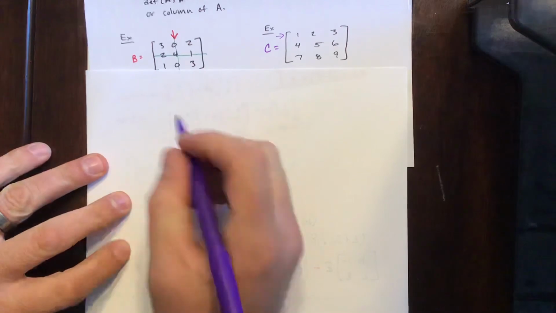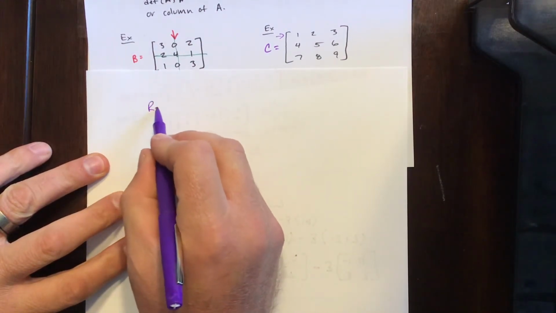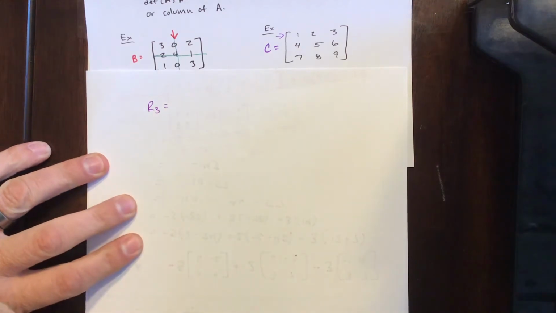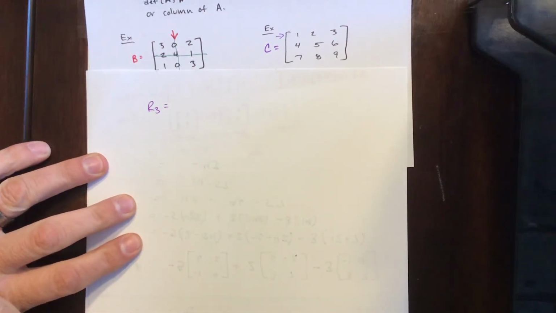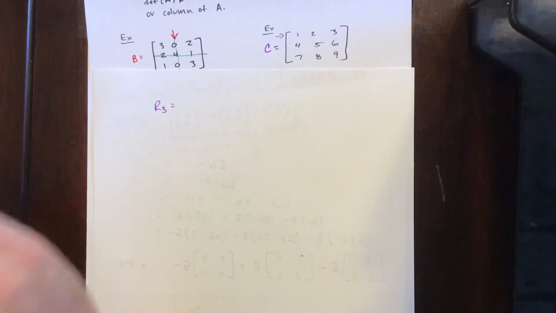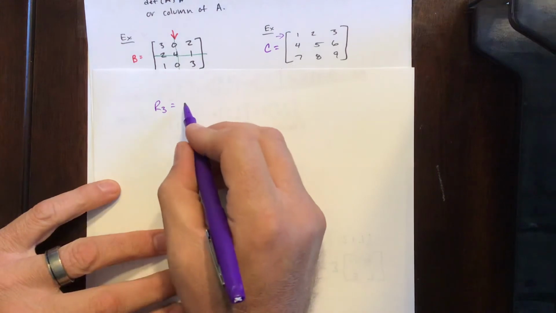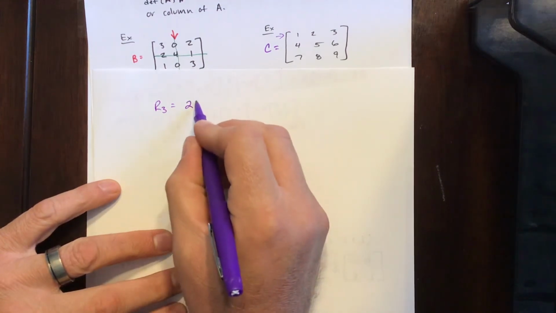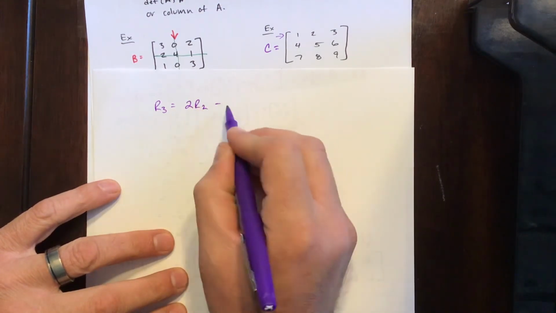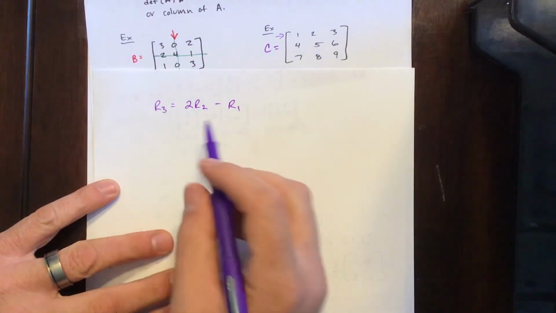Let's see. Let's take row 3, which is the row 7, 8, 9, okay? And I'm going to say that's equal to 2 times row 2 minus row 1. I believe that's the relationship here.